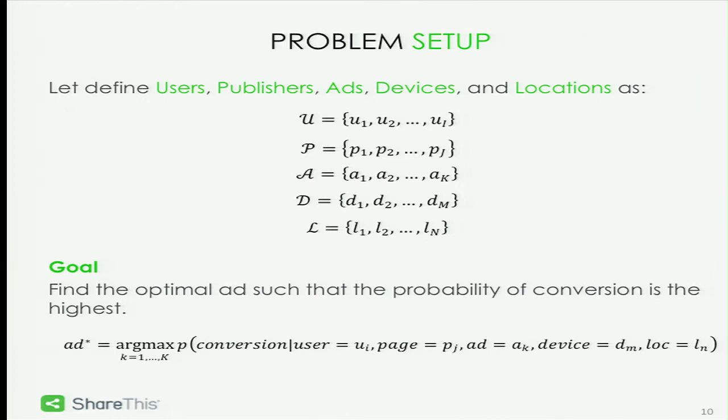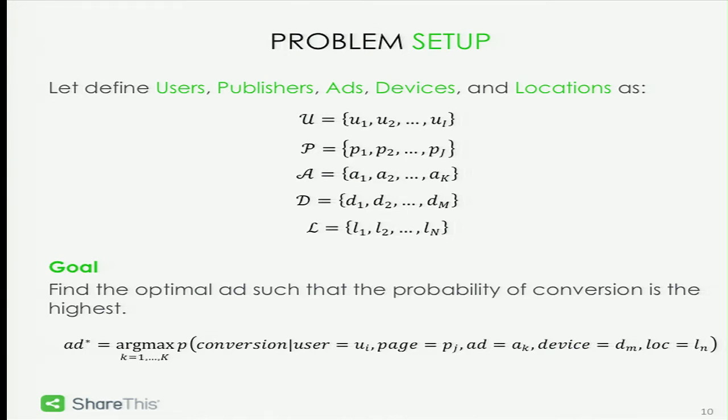So how do we set up the problem? This is very important. Let's define the users, publishers, ads, device, and location, like this set. The goal is to find the optimal ad such that the probability of conversion is highest, given all those features.